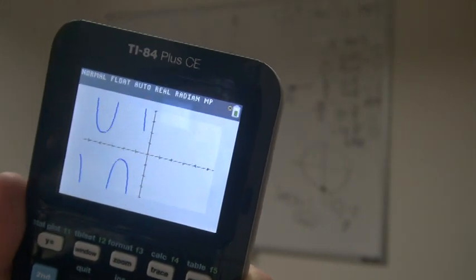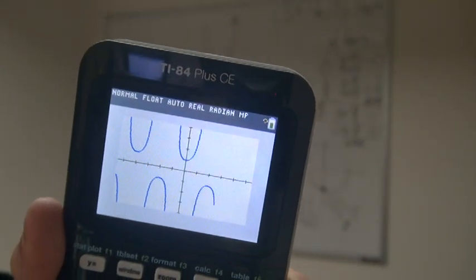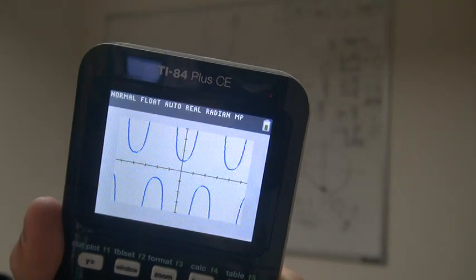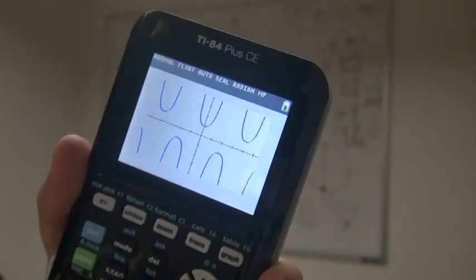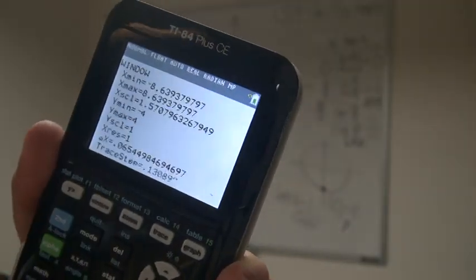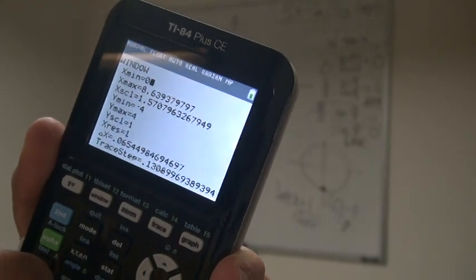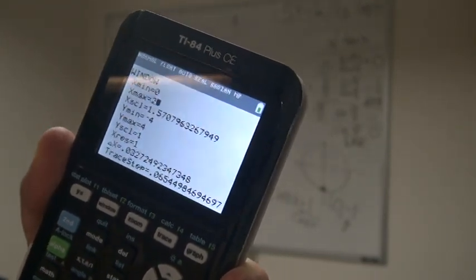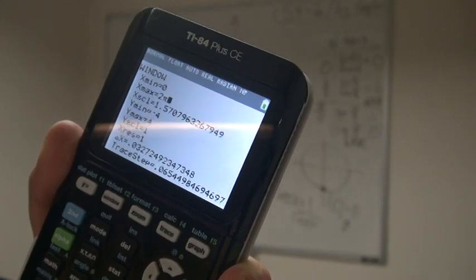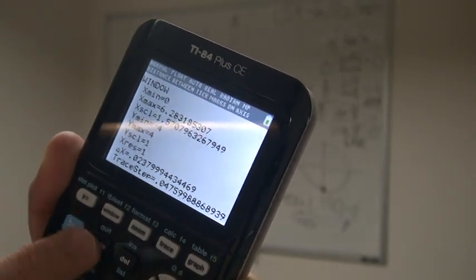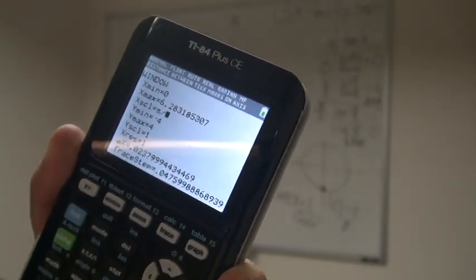And we see a really funky graph. Now I know that the period for secant is 2 pi, so I can go back to window and say from x min of 0 to an x max of 2 pi by a scale of, let's say I want to go by pi over 2 radians.